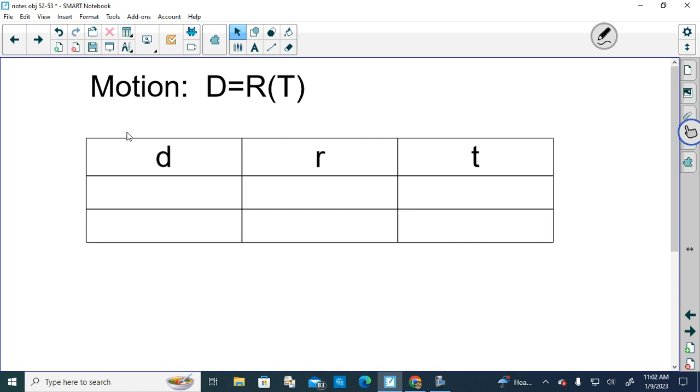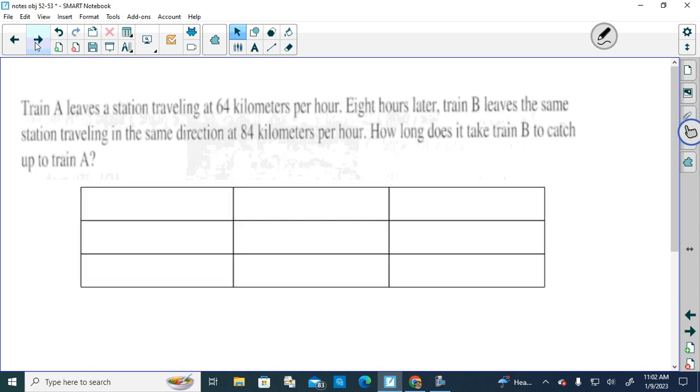I'm thinking you probably had this in science, and we talked about distance and speed and all that kind of thing. So you don't have to use this chart. I like to use this chart because I lose track of what I'm putting where. So it's totally up to you. You don't have to write this chart every single time. I just like to be organized and know where I'm moving my numbers. So that's already on your notes.